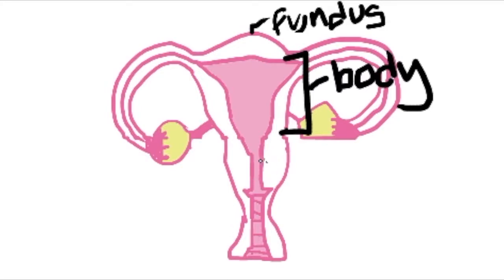And then here we have the isthmus, which is the connecting structure between the corpus and the cervix.